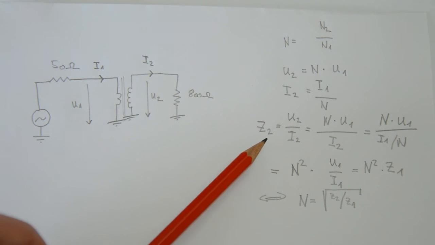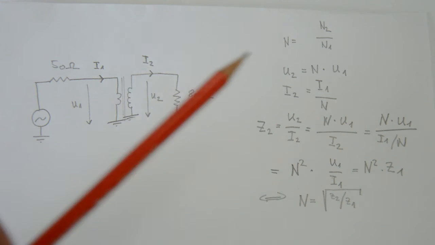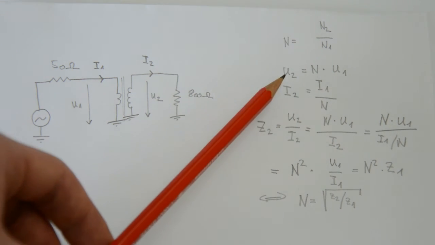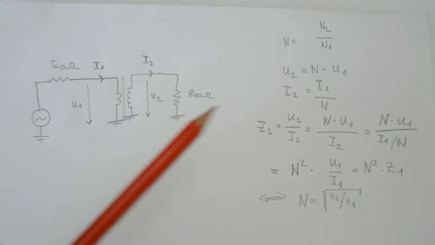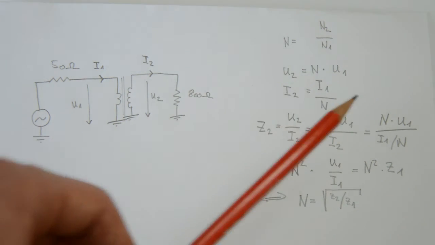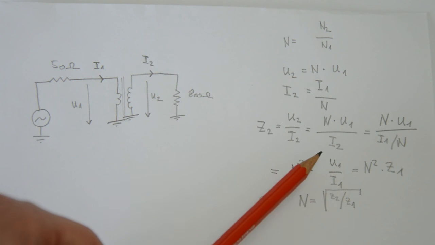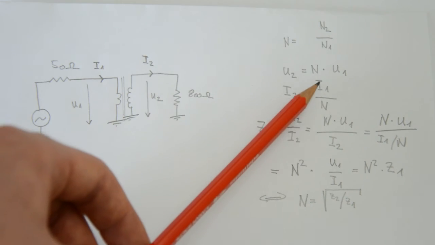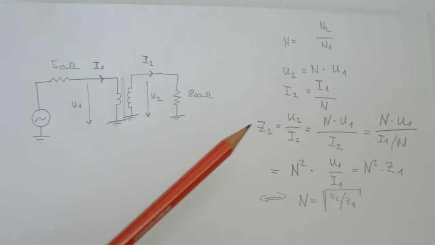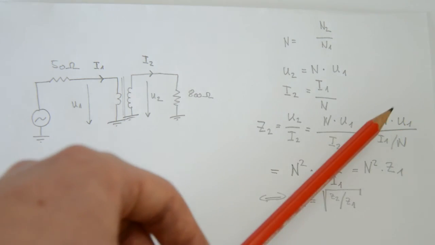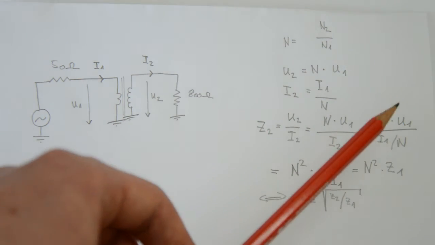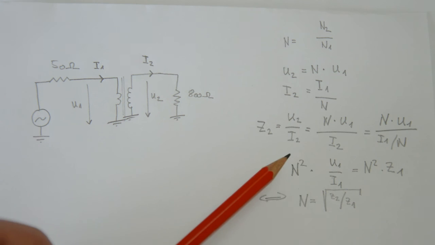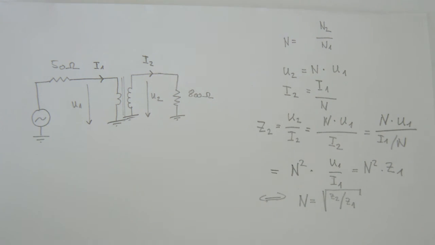And because impedance is just defined as voltage divided by current, you can plug in U2 here, that is N multiplied by the voltage on the primary side, and you end up with N multiplied by U1 divided by I2. And you can do the same for I2, because I2 is just the current on the primary side divided by N, as I just explained. So you end up with N multiplied by U1 divided by I1 divided by N. And then if you restructure this, this actually turns out to be N squared multiplied by U1 divided by I1.